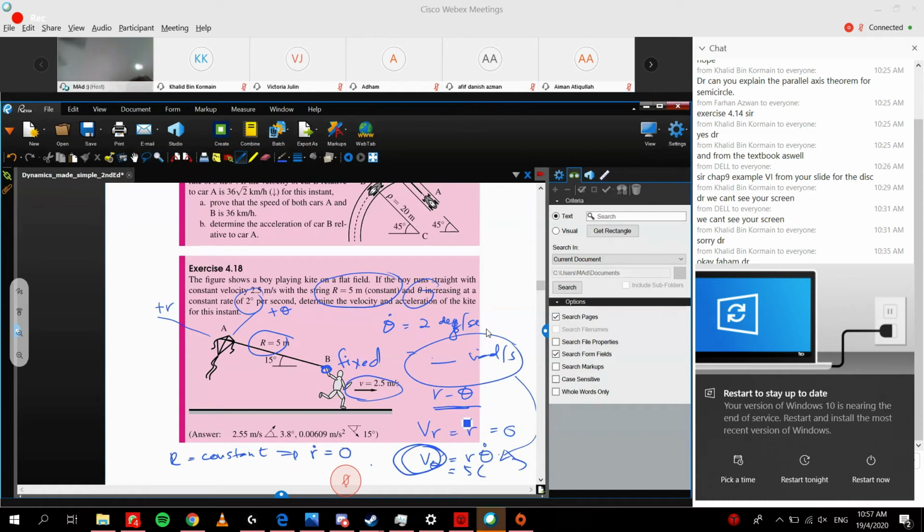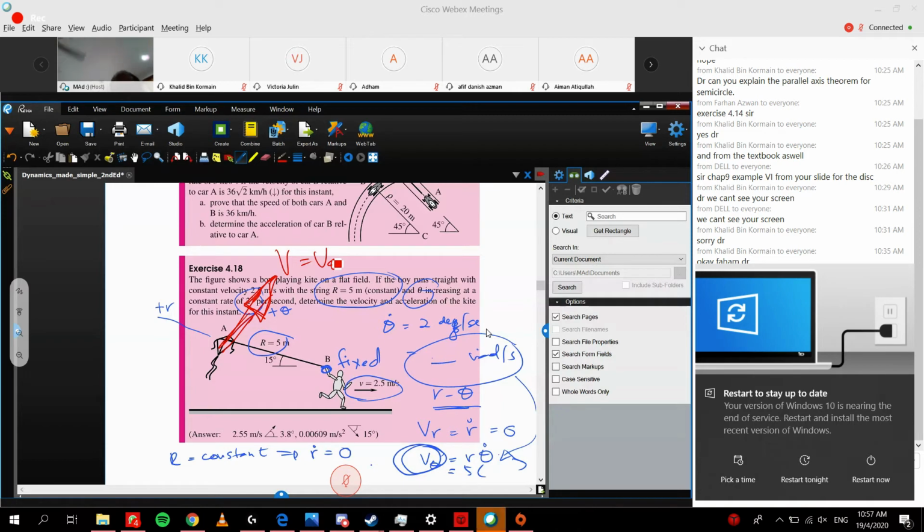So what is this V theta? This V theta is over here, following the theta axis. This is your V equals V theta, since your Vr equals 0. What is the V theta, or this V?